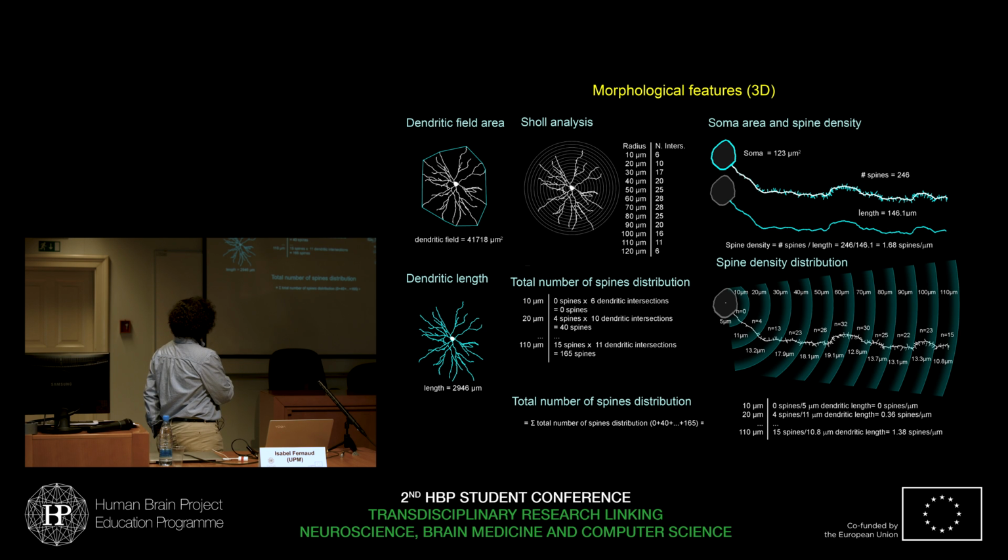And here you have density of neurons on each sphere, of spines in each sphere. You have the total number of spines distribution. You have the complexity by counting the number of intersections with each of these spheres. And all these morphological features serve us to describe the neuron.